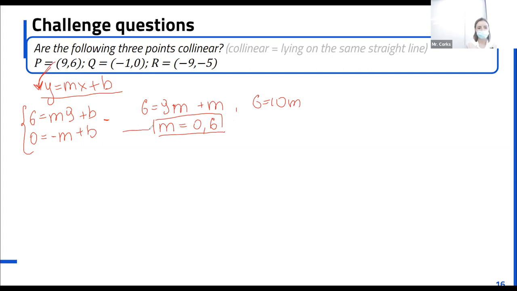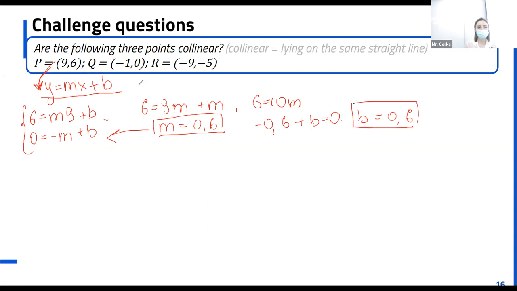Then we can put it here and get minus 0.6 plus b equals 0. So b also equals 0.6.